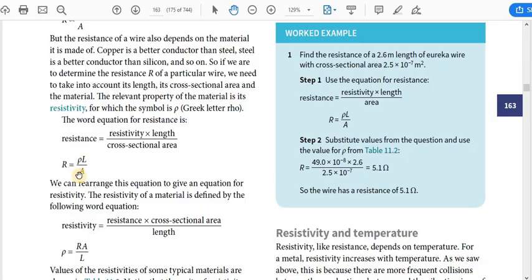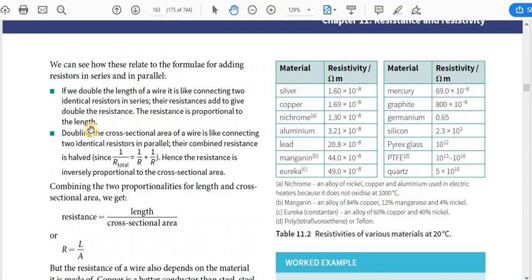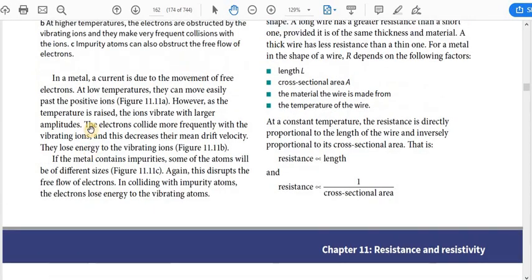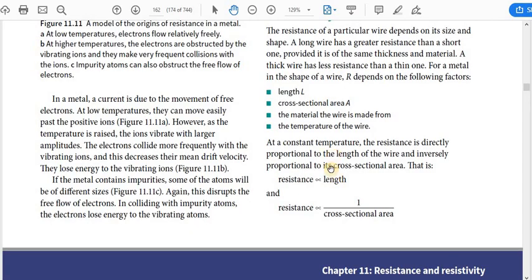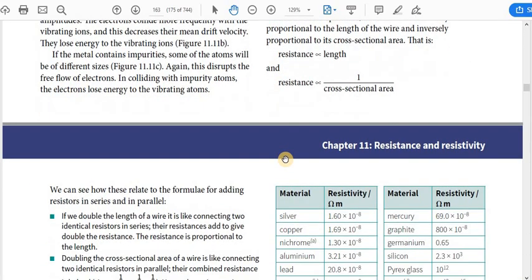So if rho and A are constant, greater the length, greater the resistance. Okay, that also I think they have shown. Yeah, see, greater the length, greater the resistance. So resistance is directly proportional to the length.